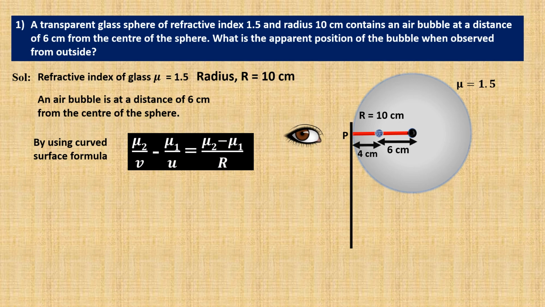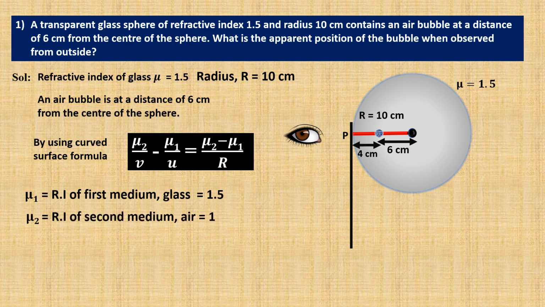is equal to mu2 minus mu1 by R, where mu1 is equal to refractive index of first medium glass, that is equal to 1.5, mu2 is equal to refractive index of second medium air, that is equal to 1, U is equal to object distance, object here is bubble, that is equal to 4 centimeters, and light travels from bubble to the observer.